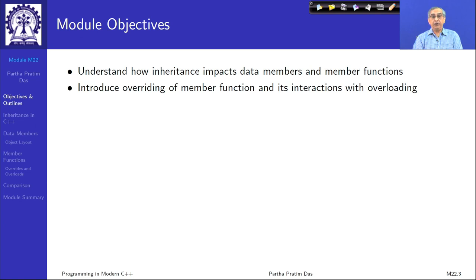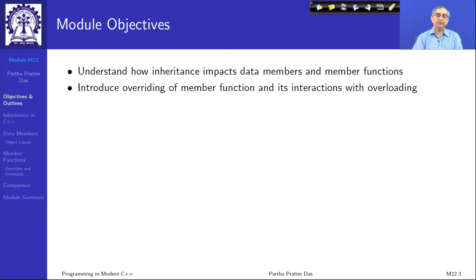In the current module, we are going to build upon that and we are going to first take a look at the two basic semantics of inheritance, that is how to manage data members between base classes and derived classes and how to manage member functions between base classes and derived classes.